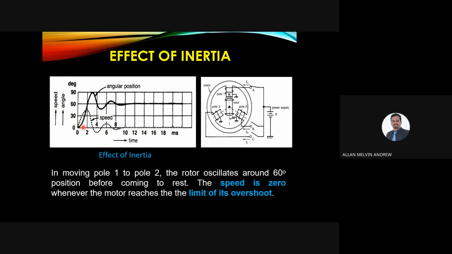You can see it goes here before it starts to slow down. The speed is zero whenever the motor reaches the limit of its overshoot. It's supposed to stop here, but it goes a bit more to 90 degrees and reaches the maximum. We call it an overshoot.